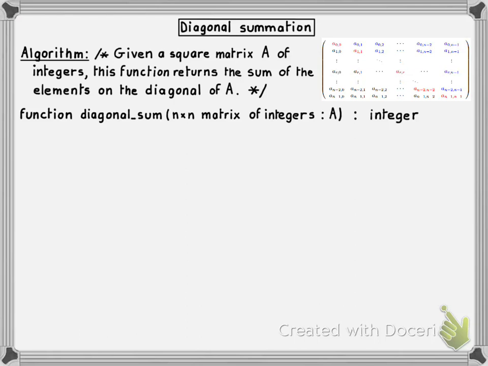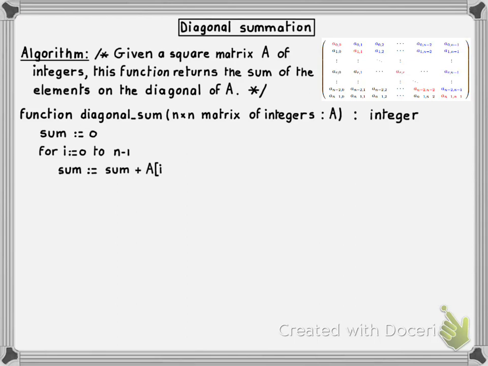So we're going to use a variable sum to store the running total of the elements on the diagonal. We initialize it to 0, and then we're going to go through all of the rows of the matrix. So the index I will go from 0 to n minus 1, and for each value of I, we're going to access the element A sub I comma I, and add that to the running total in sum.